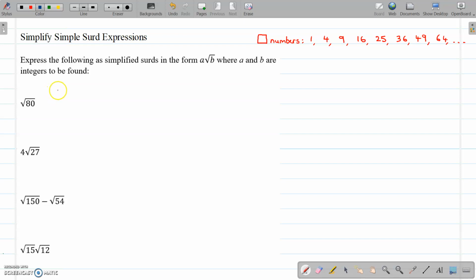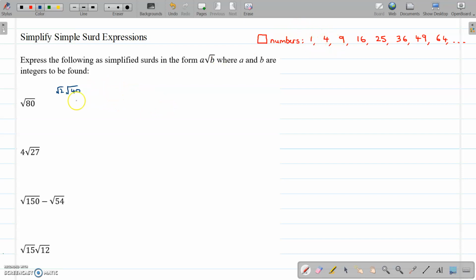I'll write some of these examples down: it's the same as root 2 times root 40. Now that may be true, but it's of no use to us in solving this problem, because root 2 and root 40 are both what we call irrational numbers.